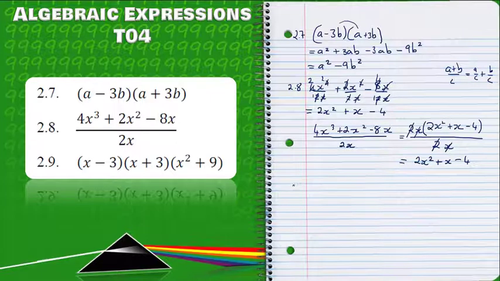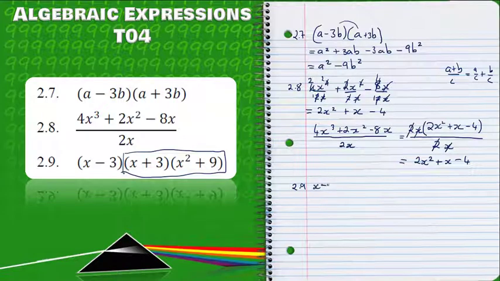Alright, so now for 2.9, over here we have a few brackets to multiply out. We can choose which ones we want. I think I'm going to start multiplying out this first. For the entire sum, I need to keep my minus 3 there until I've multiplied out the second bracket completely.